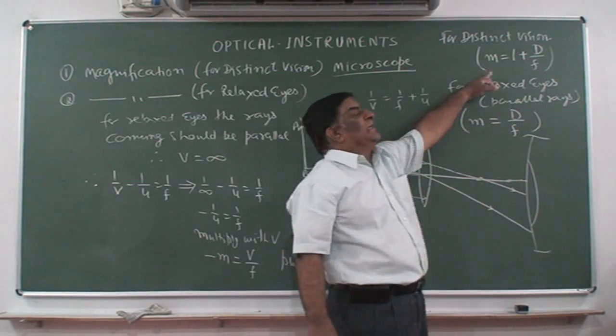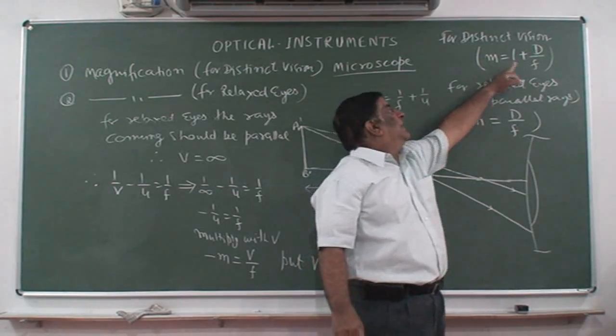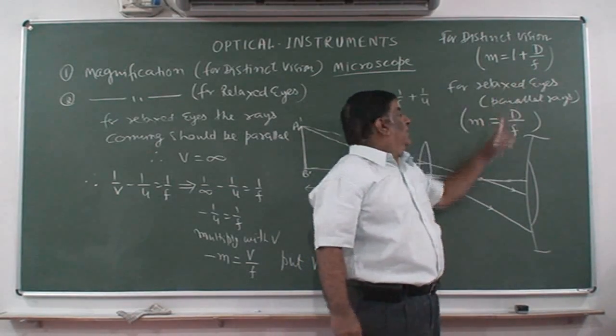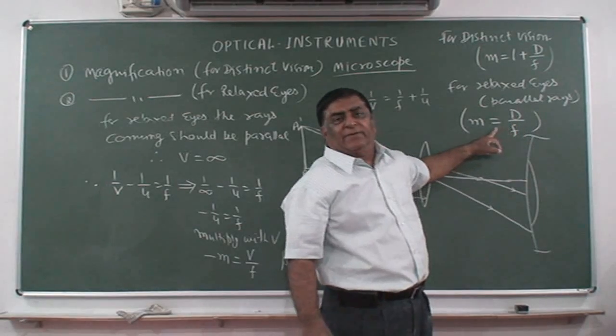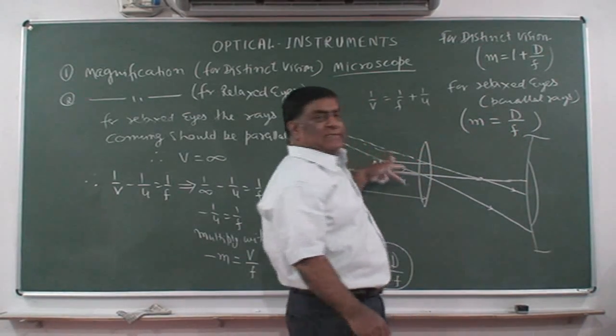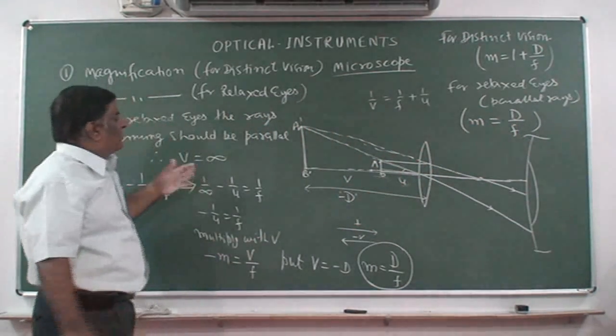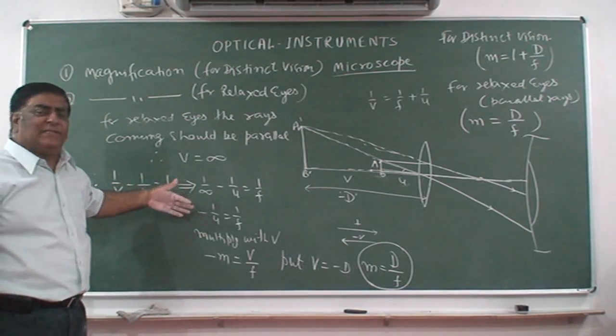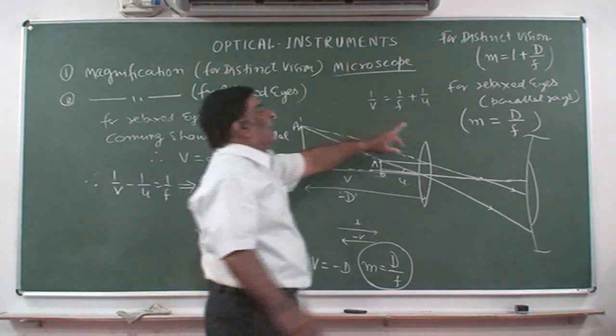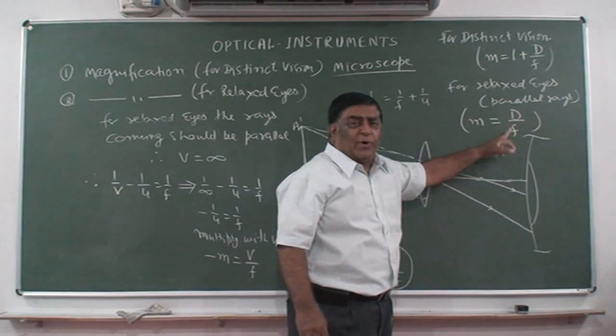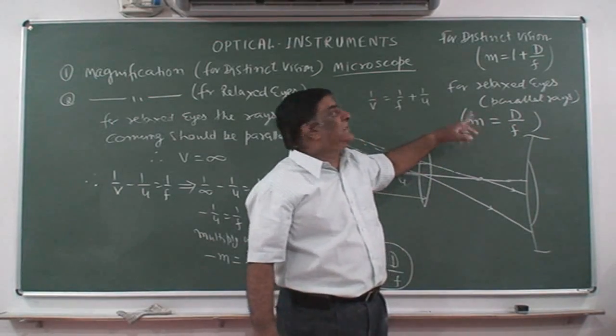See this magnification and this magnification. This magnification is larger by 1. It has become a little smaller. This is for the parallel rays. So don't try to make many logics in this. You can remember that magnification is equal to D upon F for the parallel rays.